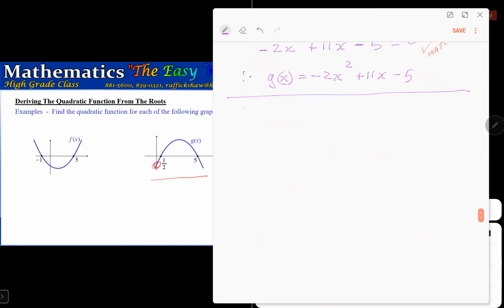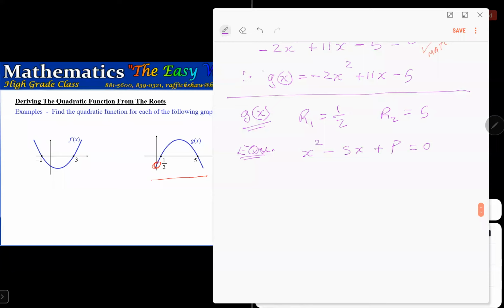So again, the roots, doing g of x again. In this case, the roots are r1 equals half, r2 equals 5. I'm using the equation x squared minus the sum of the roots times x plus the product of the roots equals 0.